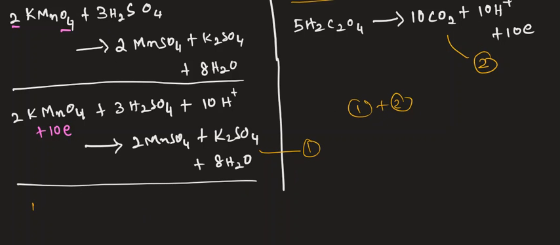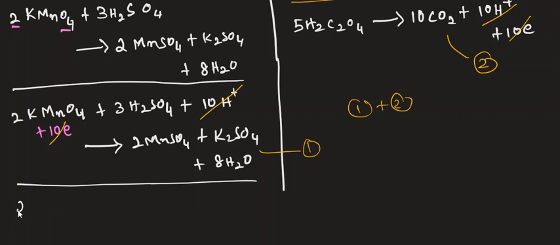Okay, right. Now let us add. So you know very well that 10 electrons can be cancelled, is it not? Because they are present on both sides. Now what about the H plus? 10H plus on one side, 10H plus on the other side. So these two can be cancelled. So the remaining part can be written comfortably.